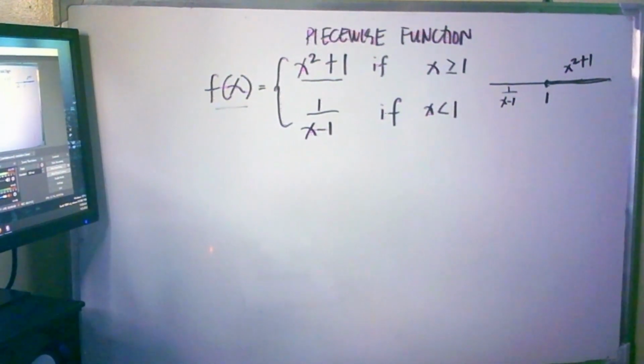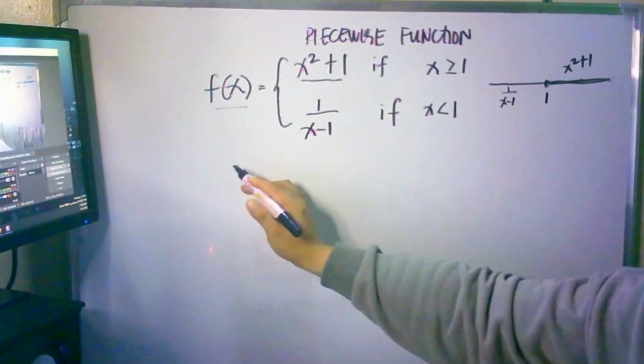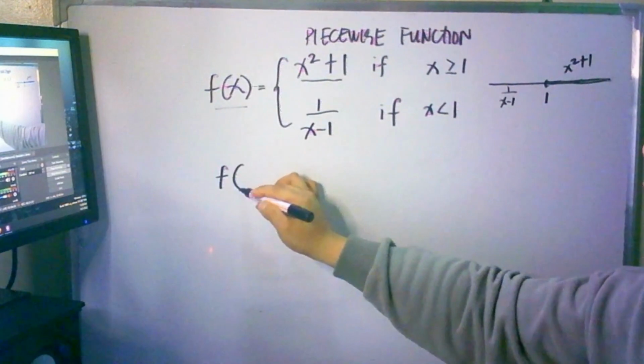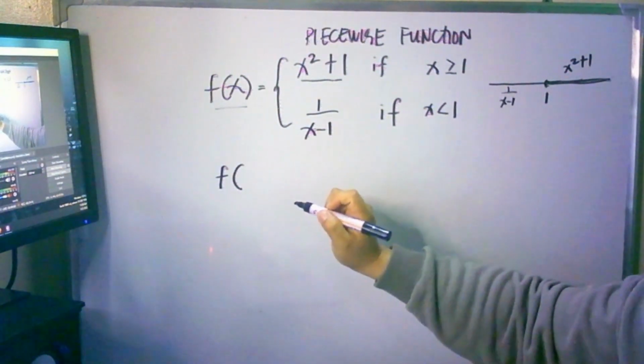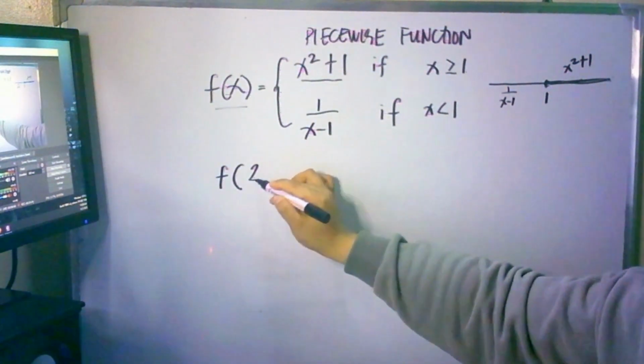Now, let us evaluate this function. So, what do we mean? We are given an input and we find the corresponding output, the value of the function. Let us evaluate f of 2.